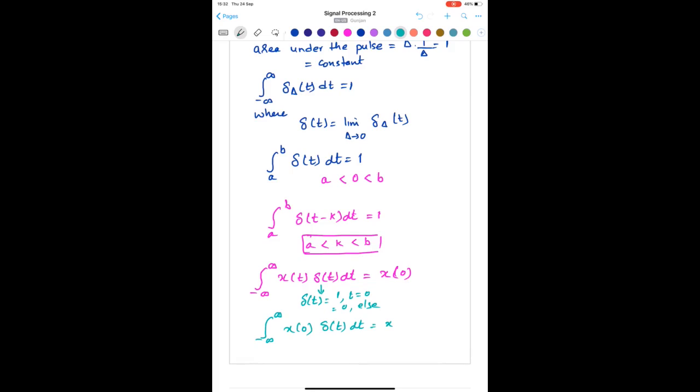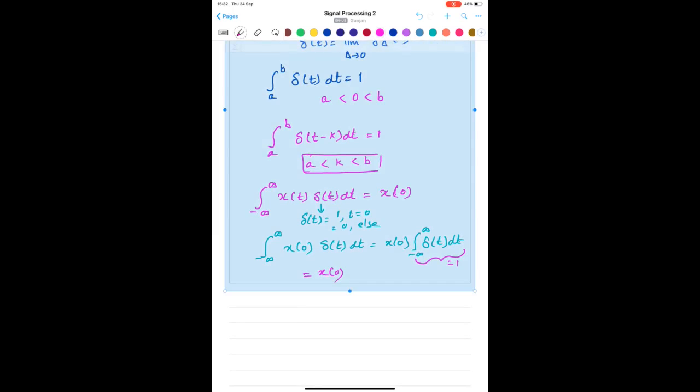Now x0 is a constant which can be taken out of the integration, and the remaining integral is equal to 1, so the result is x0.